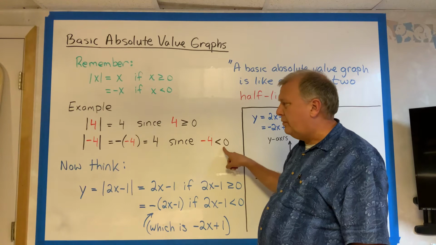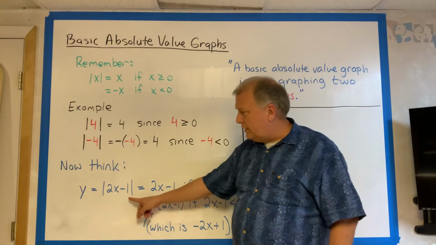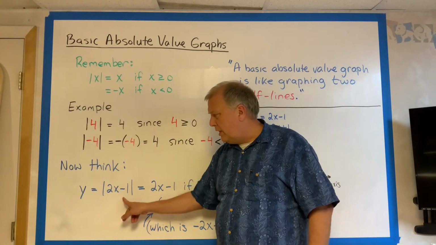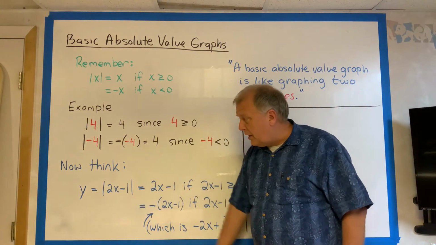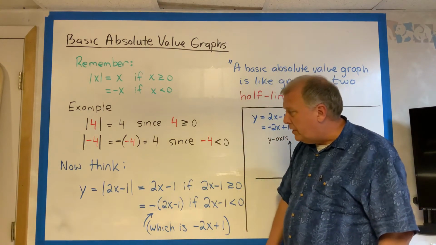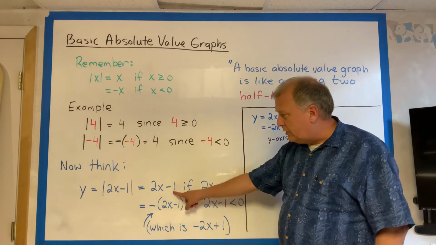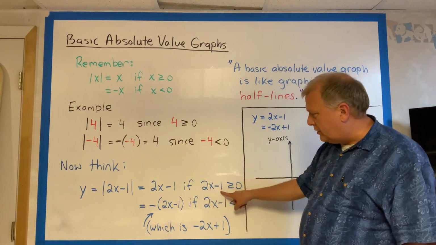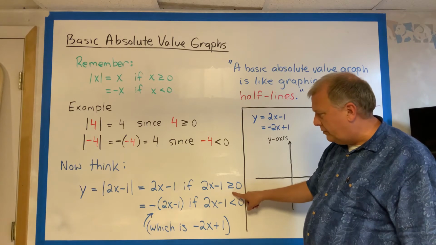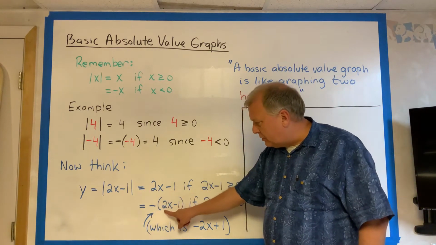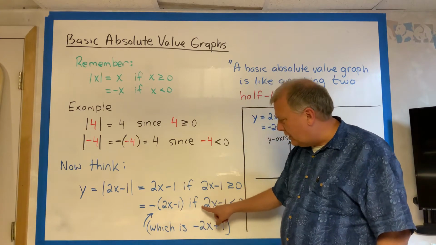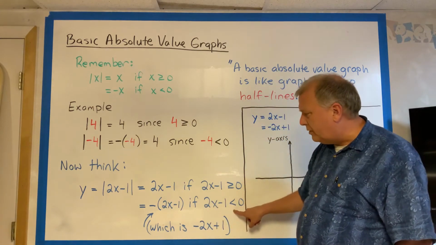is less than 0. So if you want to think what happens to the absolute value of this line, you could just say the absolute value of a line like 2x minus 1 will be equal to 2x minus 1 if 2x minus 1 is greater than or equal to 0. And it will be equal to the opposite of 2x minus 1 if 2x minus 1 is less than 0.